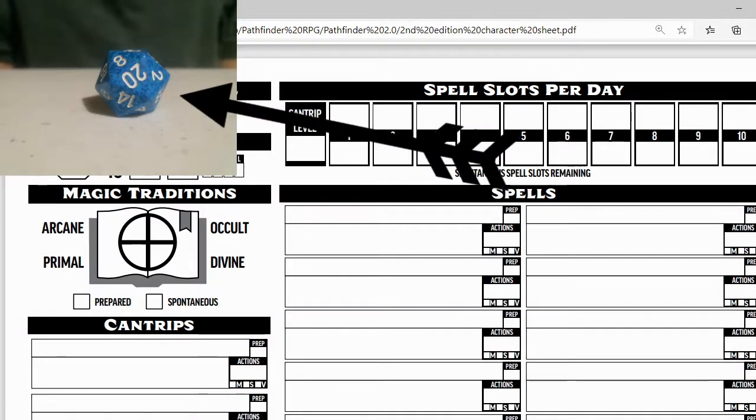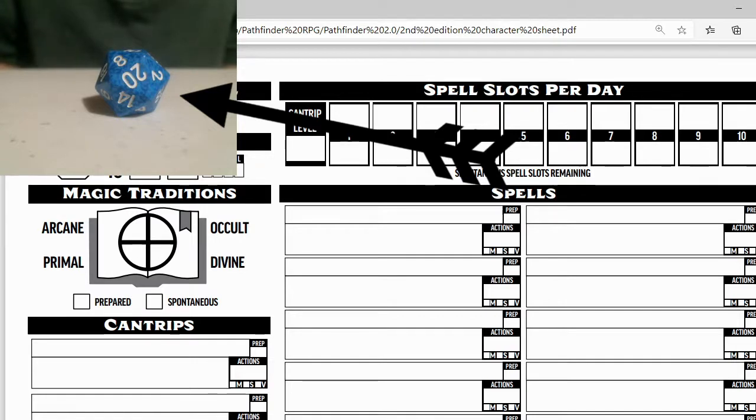Before I wrap up this video, I want to talk about the different types of dice in this game, because it's more than just a 6-sided dice. What I have on screen is the 20-sided dice, also known as a D20.